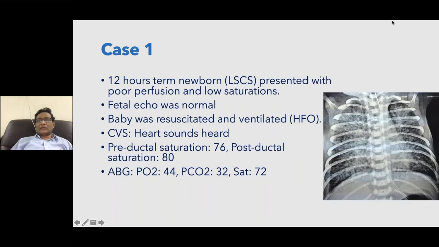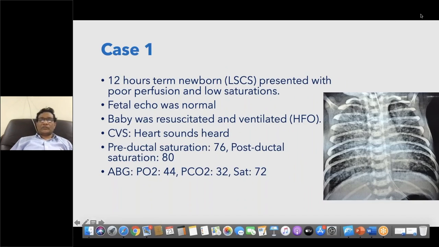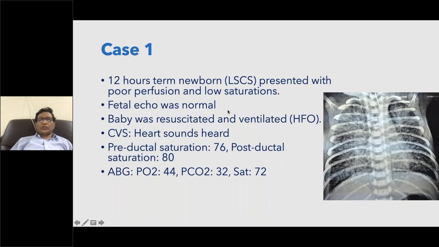Let us see some illustrative examples here. This is a neonate, a 12-hour-old newborn, LSCS, presented with poor perfusion and low saturation. Fetal echo was normal. The baby was resuscitated and kept on HFO. Heart sounds were normal, could not detect anything.